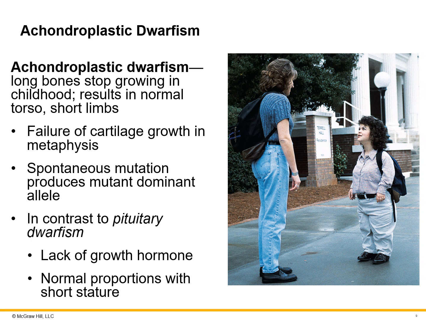Typically, this is caused by a dominant mutation, so only one copy of the allele is needed for the dwarfism. In contrast, pituitary dwarfism is where there is a lack of growth hormone. So typically the person is normal in body proportion, but they'll just be really short in stature.